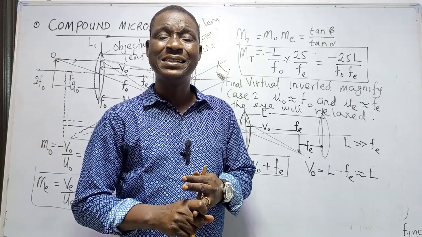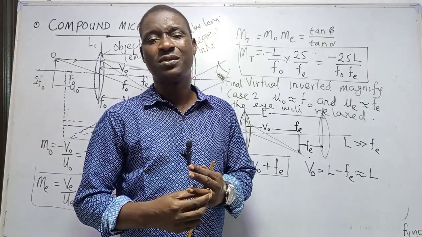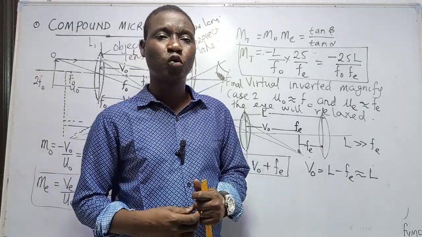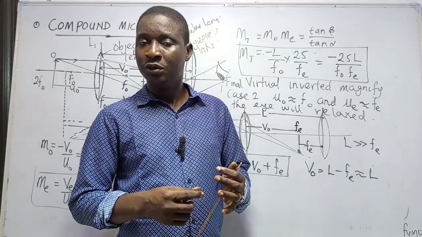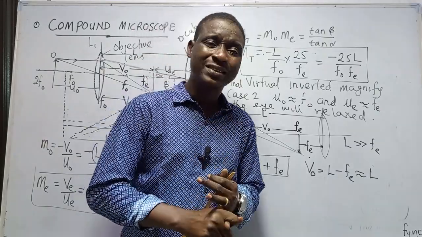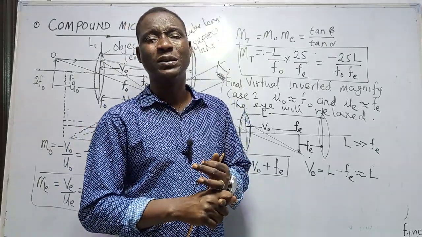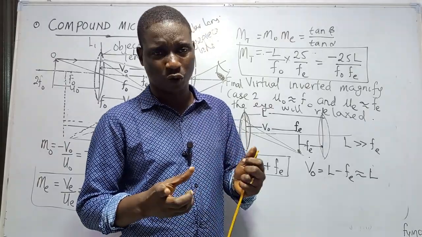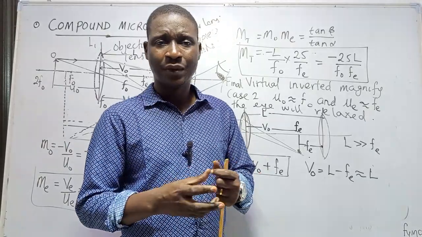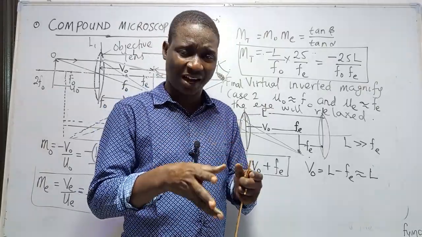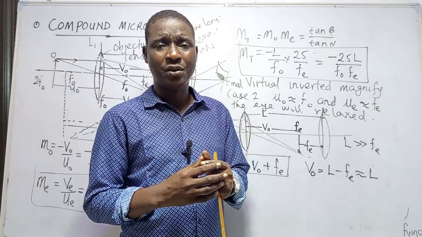Number two, what is the difference between a compound microscope and a simple microscope? Number three, how many lenses are used in the two of them, which of them, and what is the arrangement that will make the eye relax? All those things you can type in the comment.